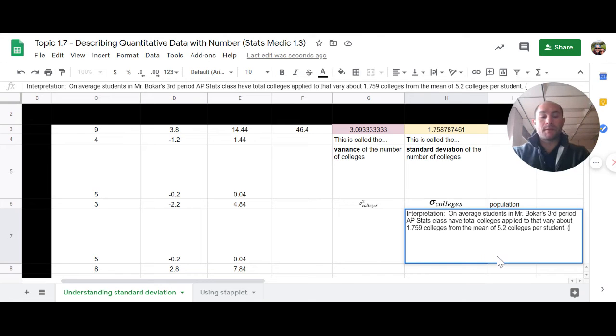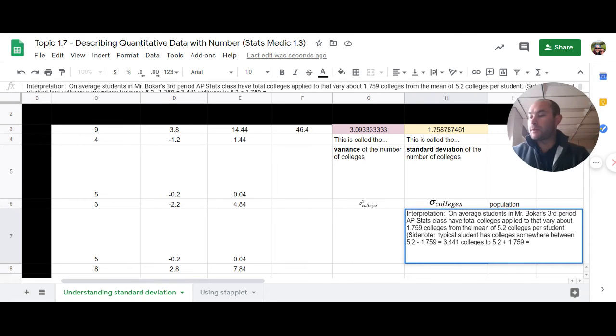Just another side note to add in there: a typical student has colleges somewhere between 5.2 minus 1.759, which if I do a quick calculation is 3.441 colleges, and 5.2 plus 1.759, which is 6.959 colleges.